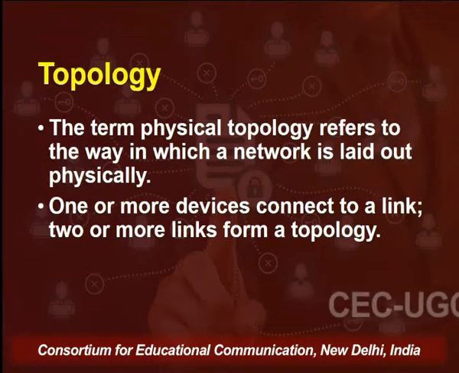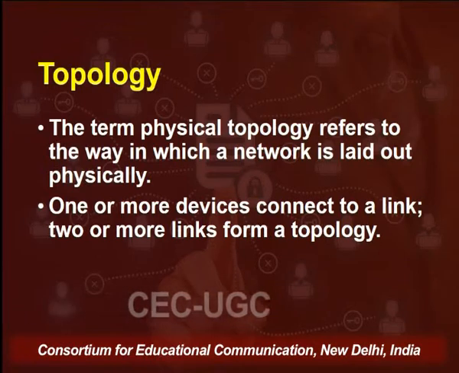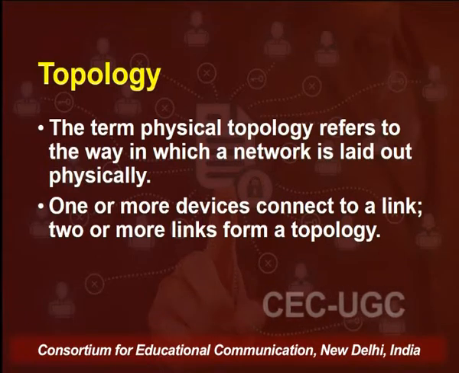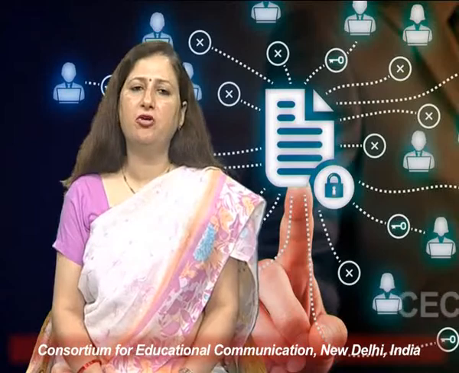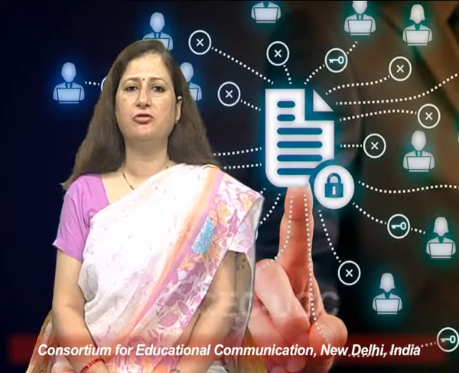Definitely when you say it is a network, it will have more than one device, and these devices will be connected to a link, and there can be two or more links which will form a particular topology. So topology is basically the tangible or physical characteristic of your network, how the different devices are arranged.